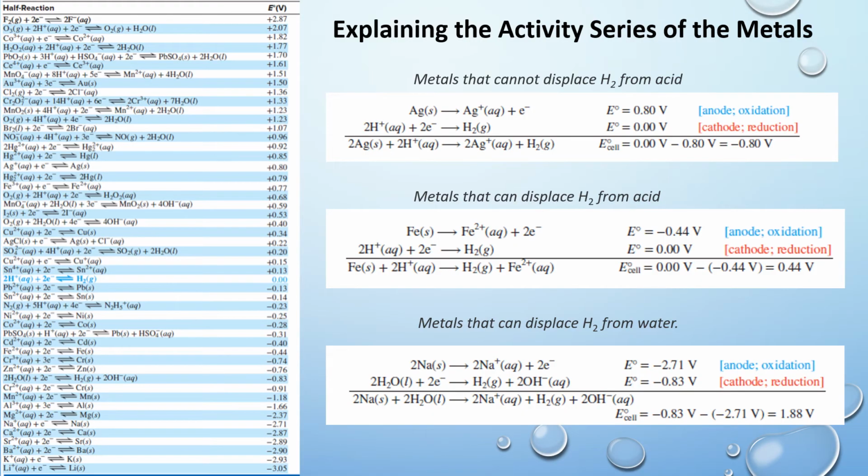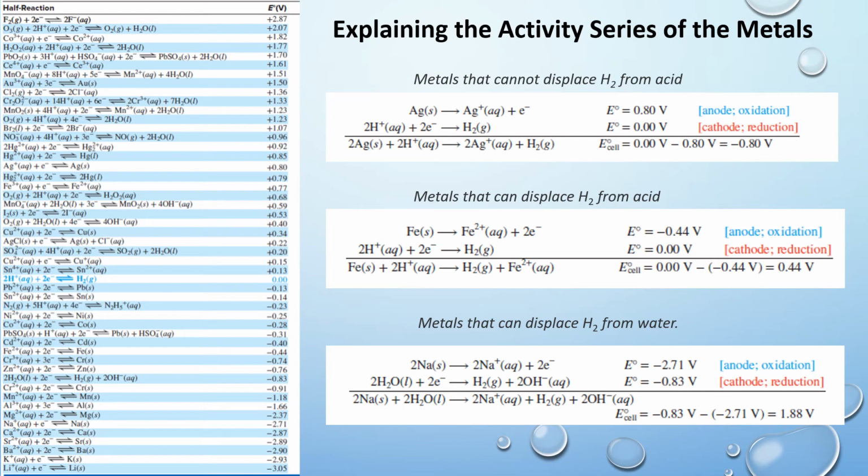Another thing you can find Appendix D helpful for is that it can help us explain the activity series of the metals. Remember last semester when we introduced single displacement reactions, we talked about how a metal can replace hydrogen from an acid, or even from water, or how a metal can replace another metal.